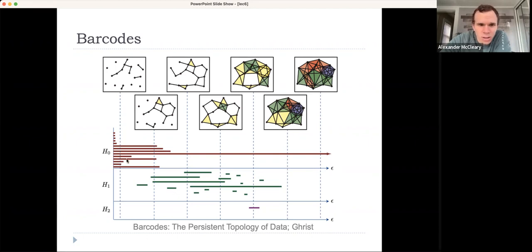So we have not just H0, zero-dimensional homology, but also H1 and H2. H1 represents holes in our space, while H2 represents cavities, sort of three-dimensional holes. So these barcodes give us a way of visualizing our persistence module.